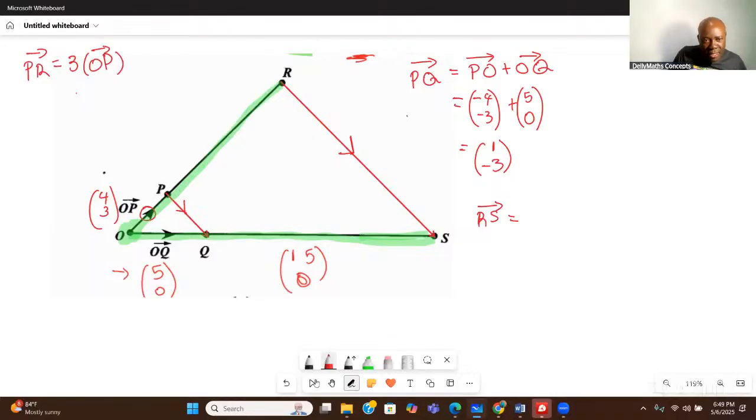Agree? Yes, sir. We were told that in the beginning. So because I know what OP is, I could say 3 times (4, 3), and it's going to give us (12, 9). I'm going to put it on the road so you could see (12, 9) going that way, right there.